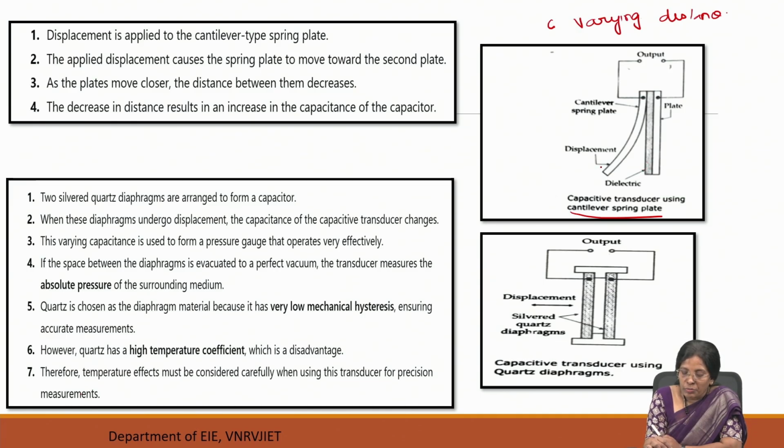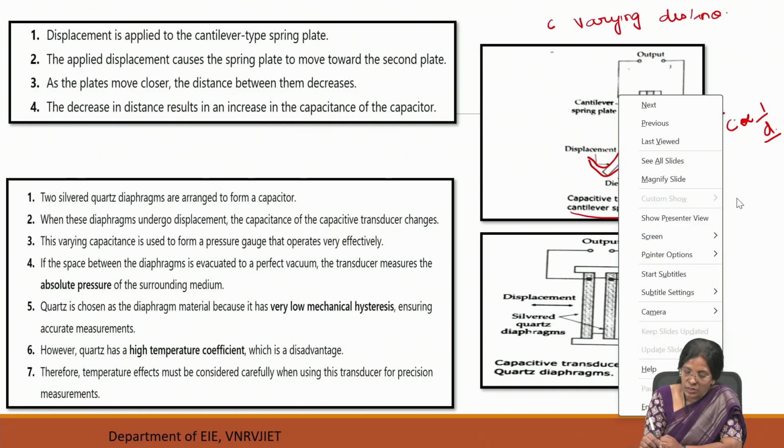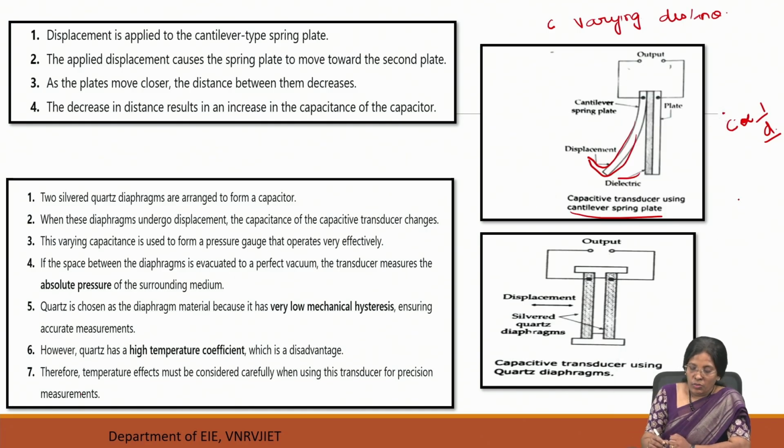When one plate is moving in this direction, now the distance is more. When the distance is more, C is inversely proportional to 1 by D, right? So when D is increasing, the capacitance is decreasing. And one more example is the capacitive transducer using quartz diaphragms.